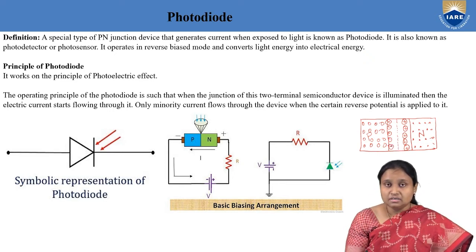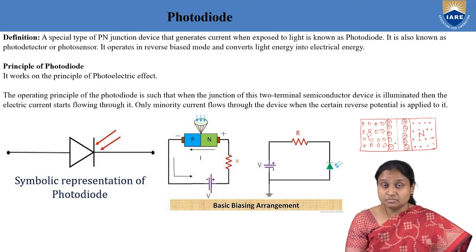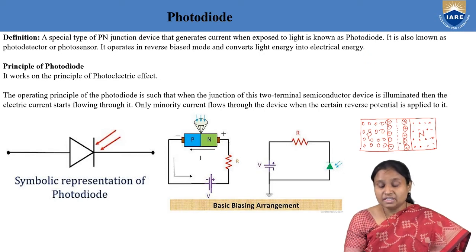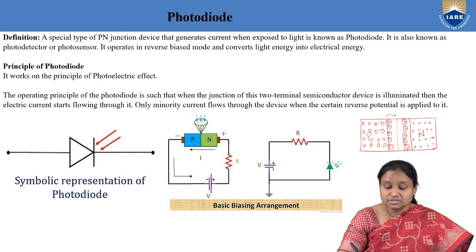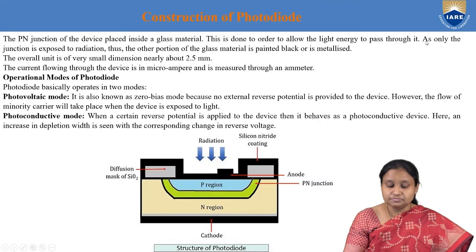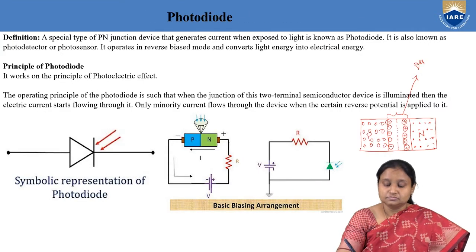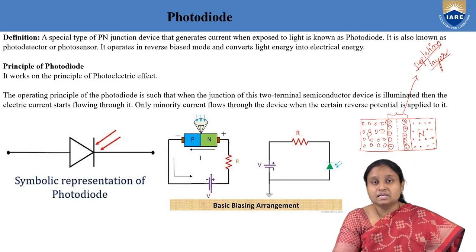So under equilibrium condition, because of these immobile separated charges, a region is formed. What is this region called? It is called the depletion layer.